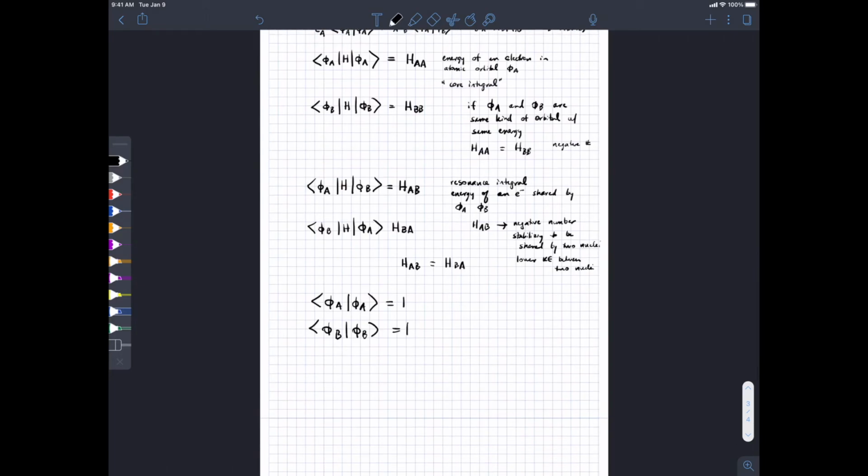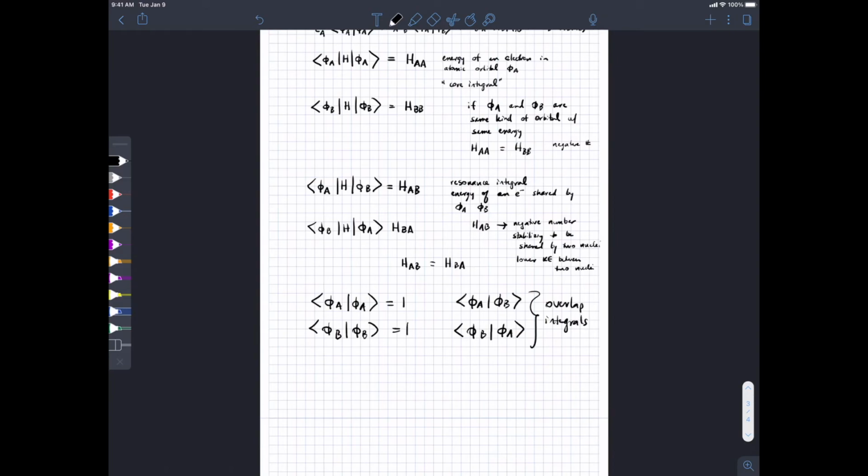The weird one, though, is where you have phi A multiplied by phi B and integrated over all space, and similarly phi B multiplied by phi A. These two are called overlap integrals. And they describe the extent to which A and B physically overlap with each other.